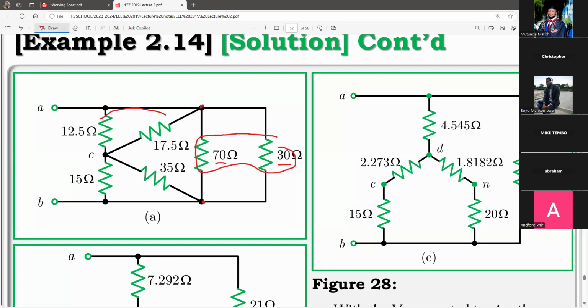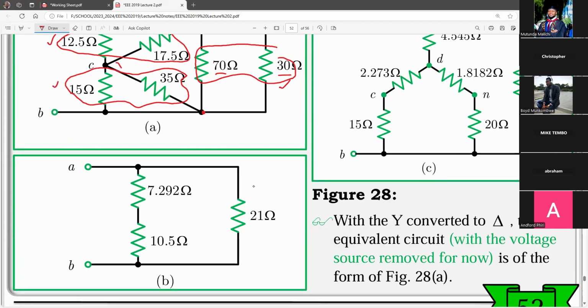These two also are in parallel. These two also are in parallel. If you want, you can redraw this circuit. Please see that they are in parallel. So parallel, parallel, and then whatever you get from this parallel combination should be in series to this. And that series combination should be in parallel to whatever comes out from there.